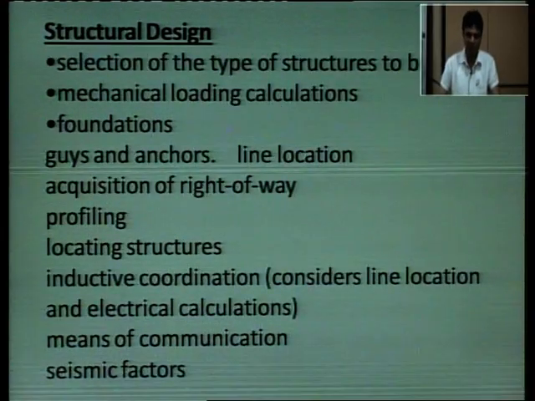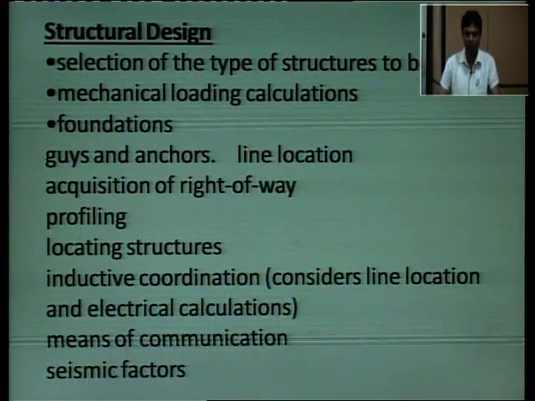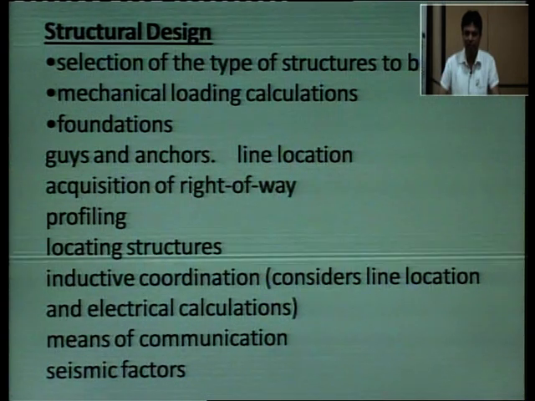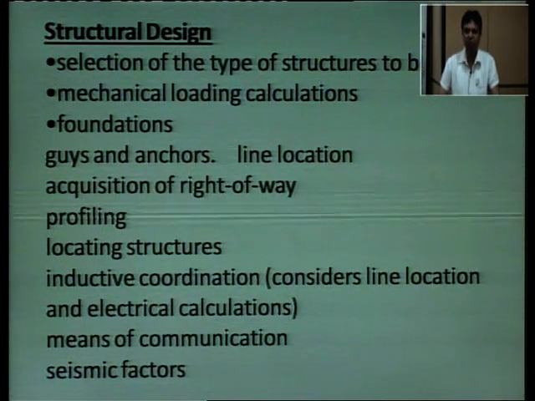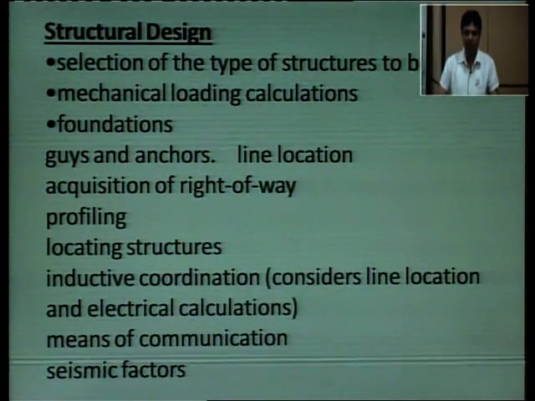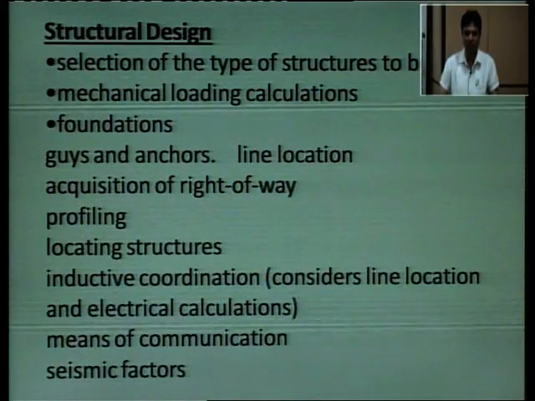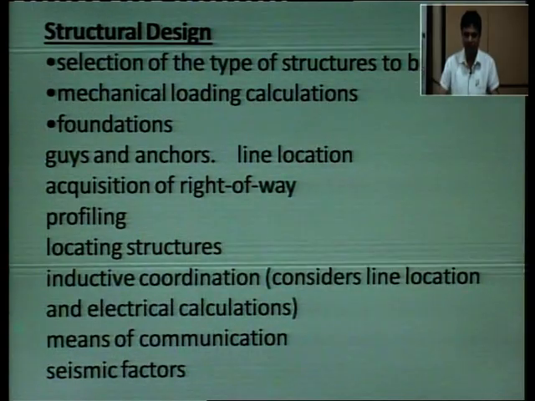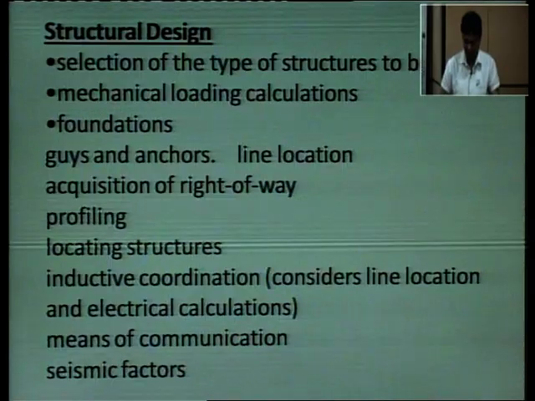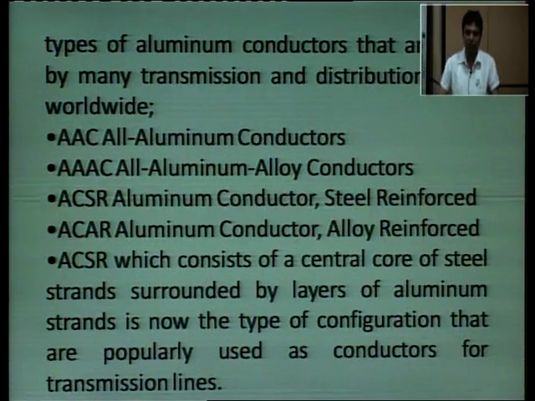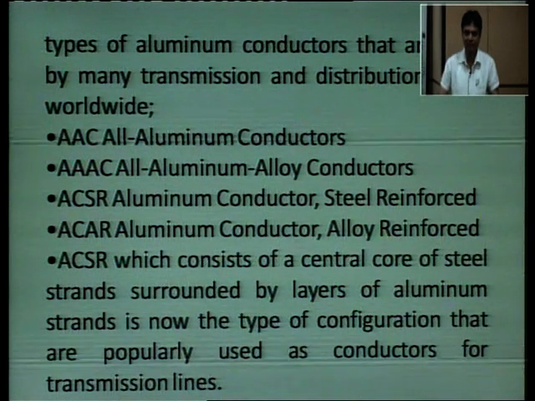Structural design involves the following points: selection of the type of structures to be used, mechanical loading calculation, foundations, guys and anchors, line location, right of way profiling, locating structures, inductive coordination, seismic factors.